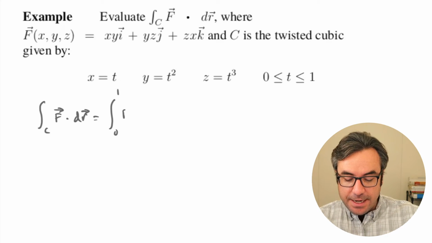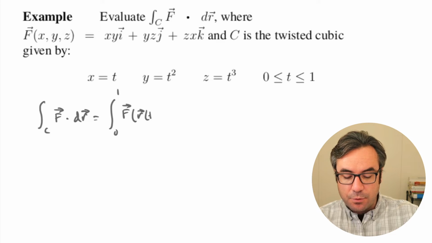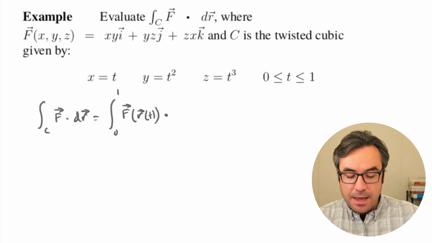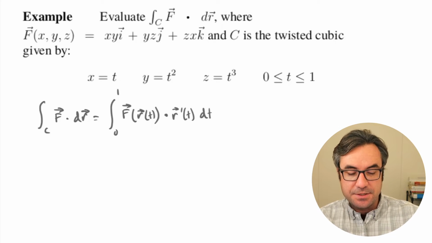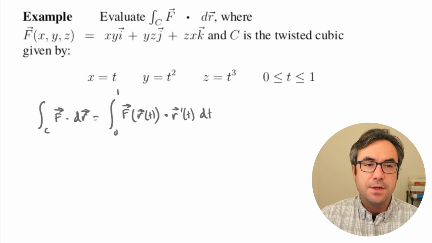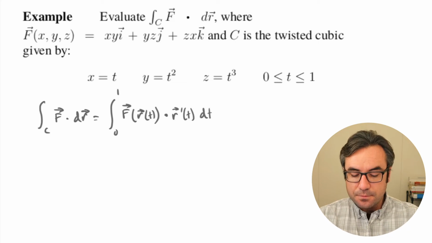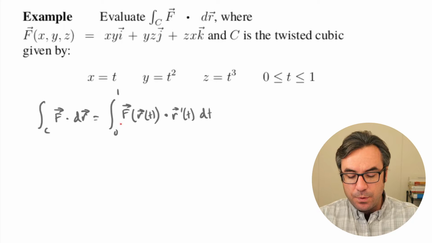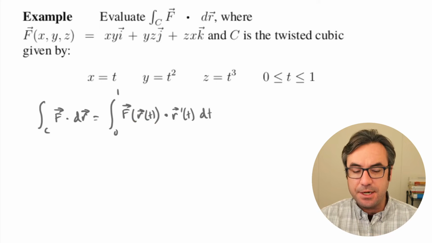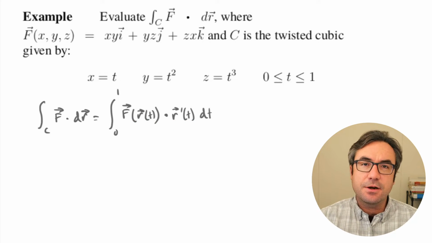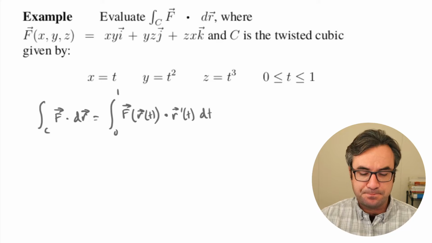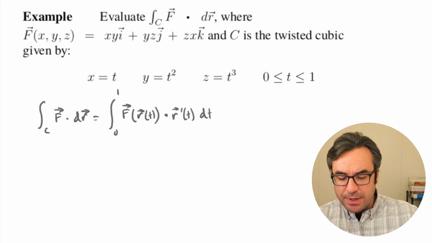And then we're going to take our vector field and we'll plug in our parameterization. And then we'll do the dot product with r prime. And this is the definite integral that we're going to do. So it helps to figure out all the pieces here, and then we'll just work out the dot product. So let's see what we get.